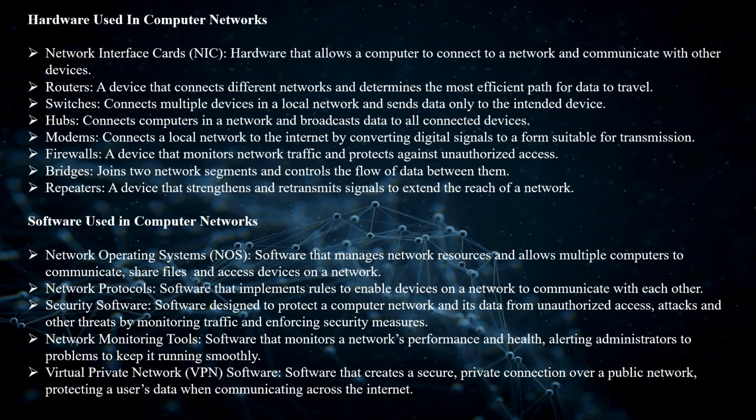On this slide, we are looking at the hardware and software used in computer networks. For hardware, the most important devices include network interface cards, which let a computer connect to a network, routers, which connect different networks and decide the fastest path for data, switches, which send data only to the intended device within a network.